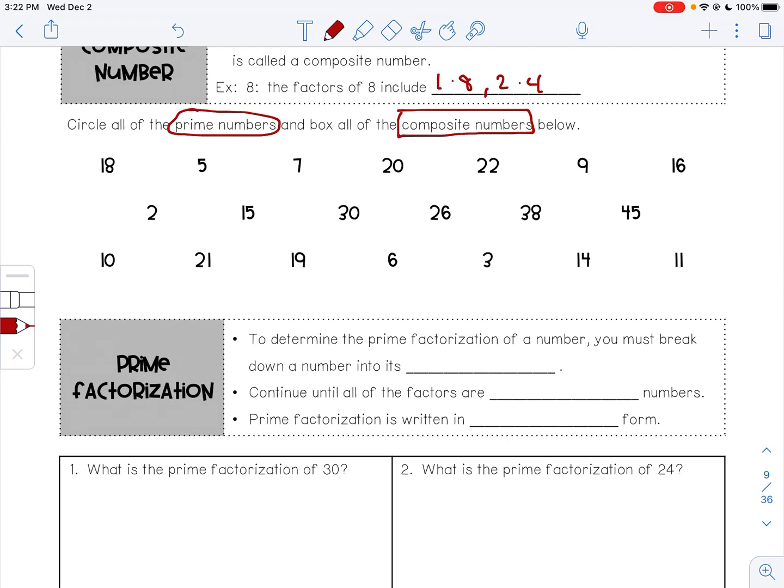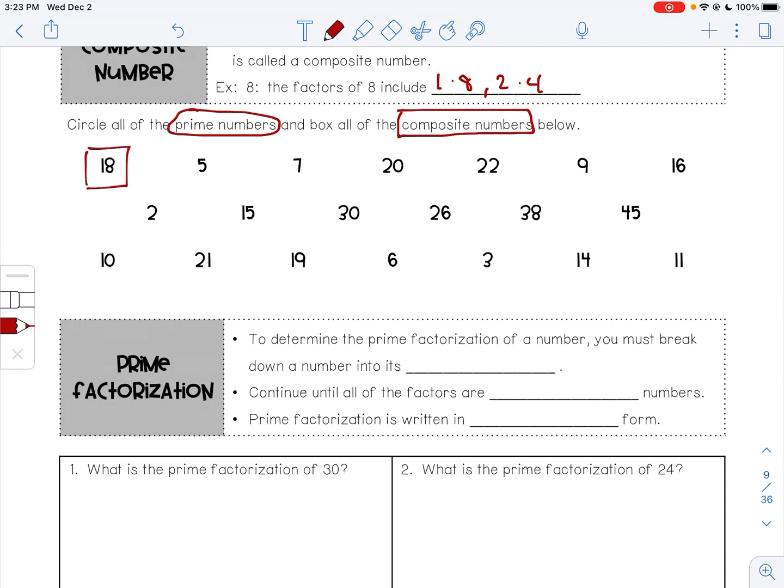What can I multiply together to get 18? So of course, 1 times 18, but anything else? Exactly, you can do 2 times 9. Okay, so because we can get 18 by ways more than 1 times 18, it is a composite number, so I'm going to box it in.